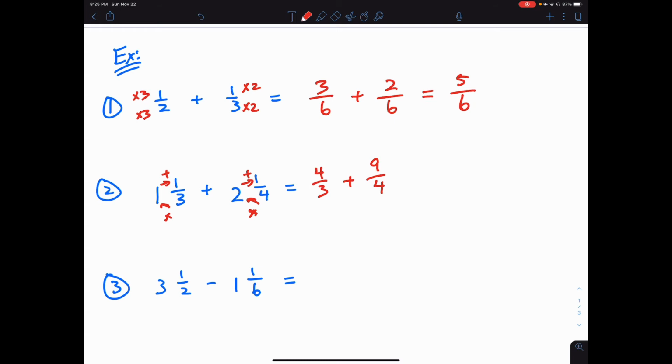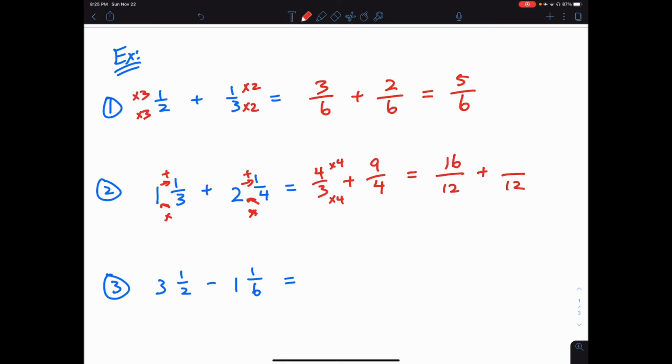So now we can take a look at these improper fractions and now find the lowest common denominator. Between 3 and 4, it should be 12 because they have, again, nothing in common. So change both of the bottoms into 12. So the first fraction, from 3 to 12, I had to multiply by 4, and also multiply by 4 to the numerator to keep things the same. We get 16.